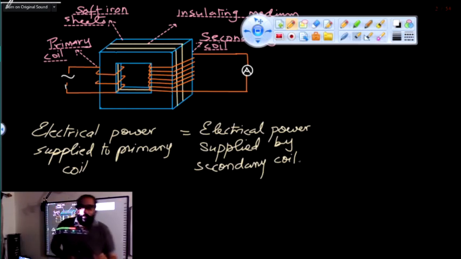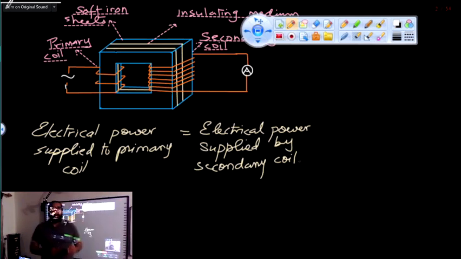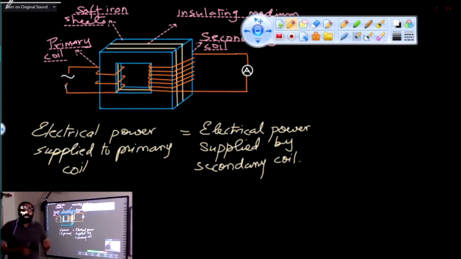So in other words, I'm saying that I'm creating energy, I'm increasing energy, which can't be possible. We have to obey the principle of conservation of energy. We cannot create energy. Now, how do we ensure that we are not creating energy? This is ensured when we say that power in the primary coil is equal to power in the secondary coil. For that, I'm going to introduce a formula, and then I'll come back to this point.